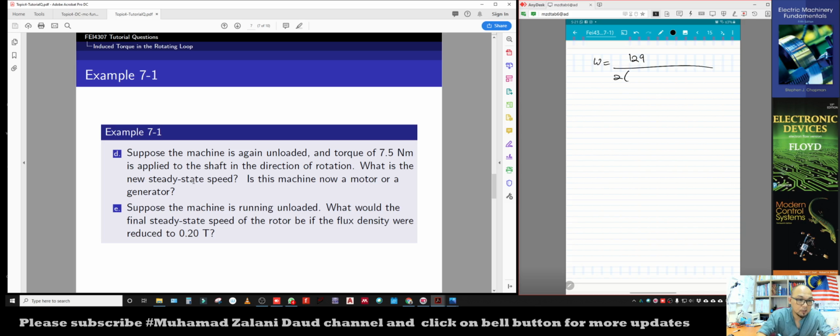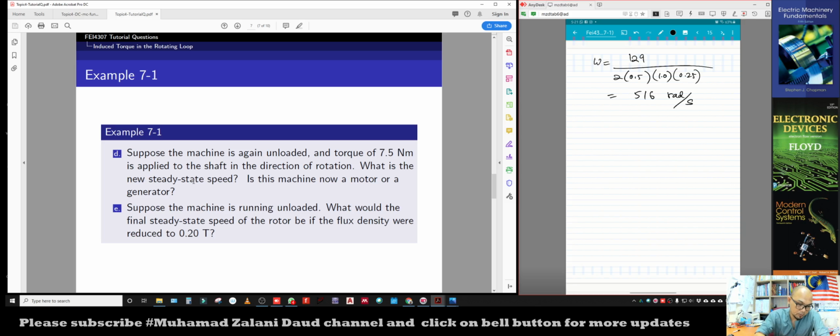Then just substitute all of the values. All right, and then finally we get 516 radian per second as the new steady state speed, which is much greater or larger than the initial steady state speed.